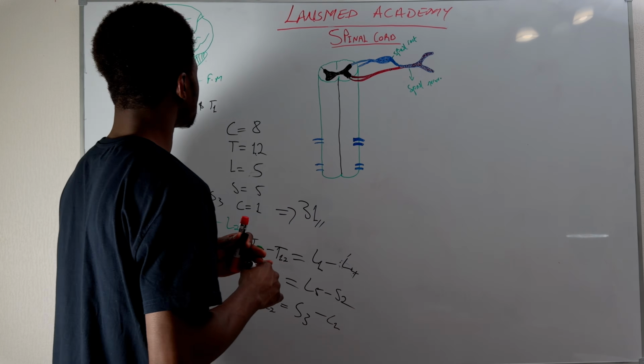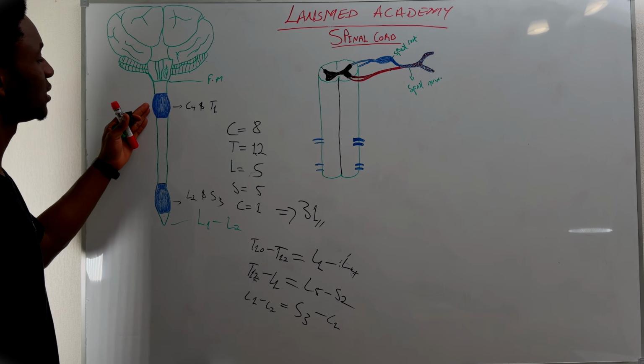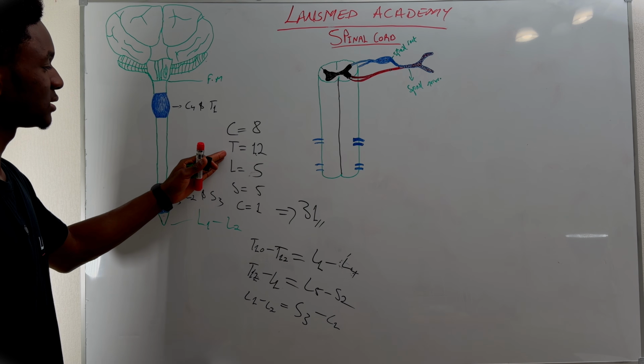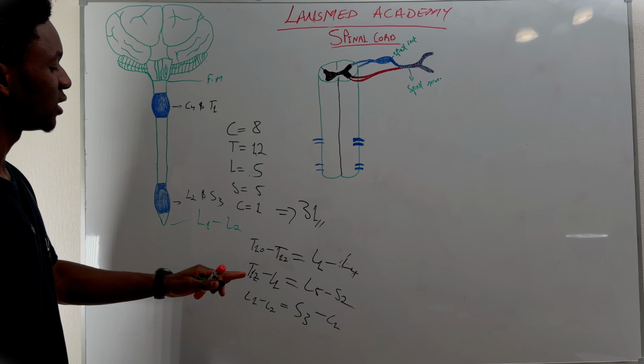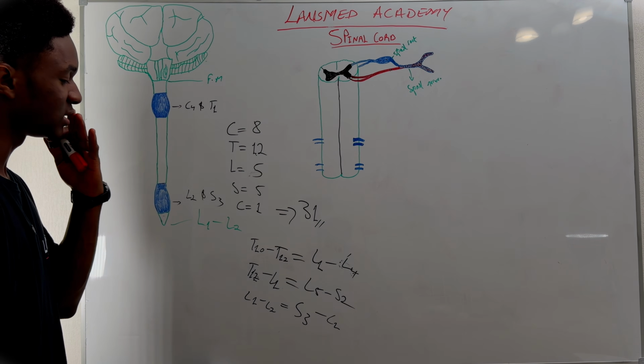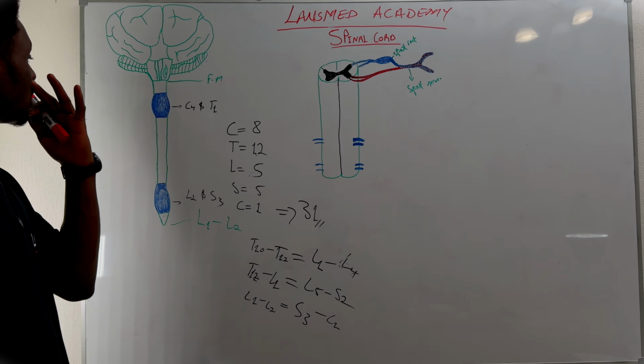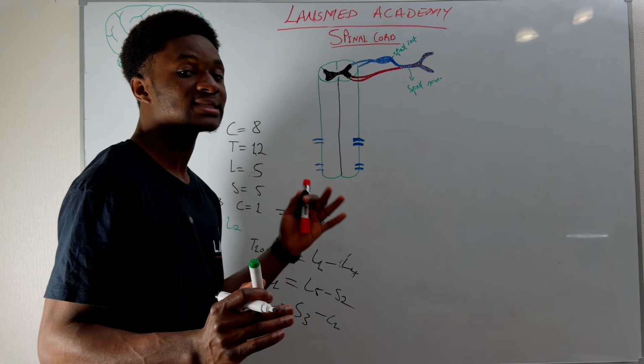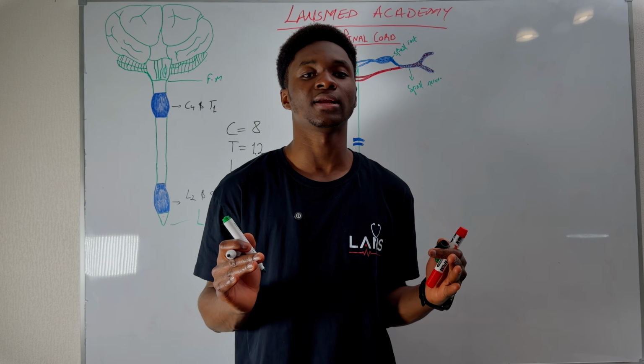So we have actually spoken about the enlargements, we have spoken about the segments, and we have spoken about the topography as regards to the vertebral. So the next thing I would like us to look at is the external features of the spinal cord.